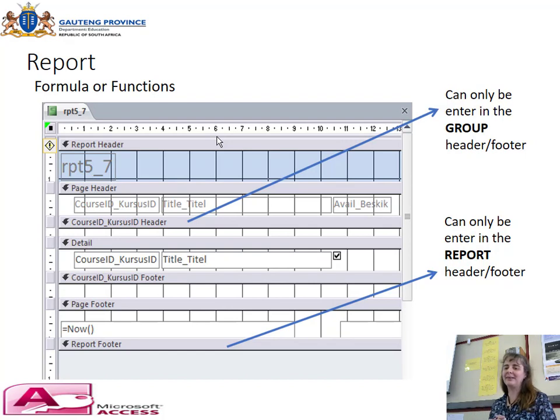Okay, next one is now the formula and functions. Now this is very similar to what Claire was saying as well. If they don't specify where the formula or function needs to be. Now remember, formula and function must either be in a report header, report footer, or in a grouping header and footer. Not in a page header or footer.